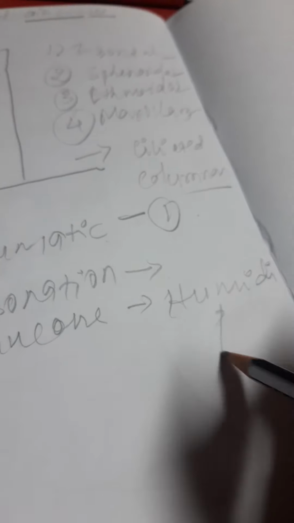What is the purpose of humidification of air? The atmospheric air is dry. When the same air is inhaled, it causes dryness of the mucous membrane. To prevent that, humidification of air is brought about by the secretions of the epithelium from the paranasal air sinuses.